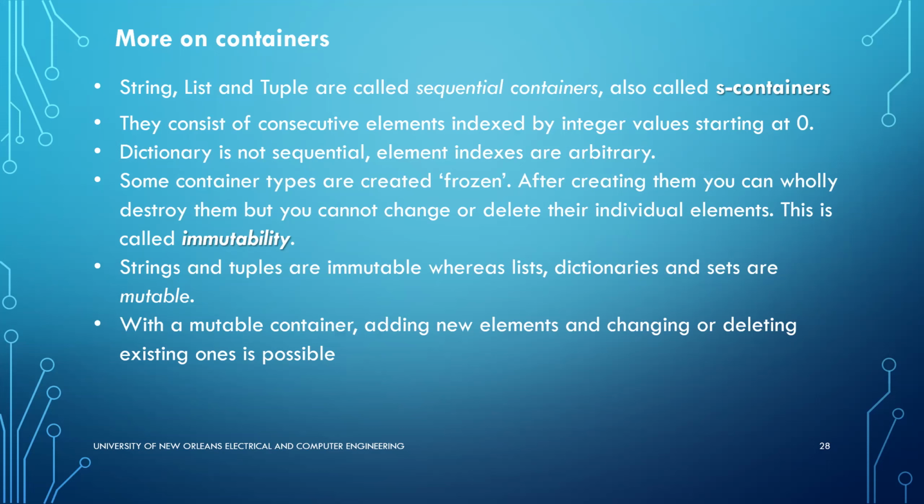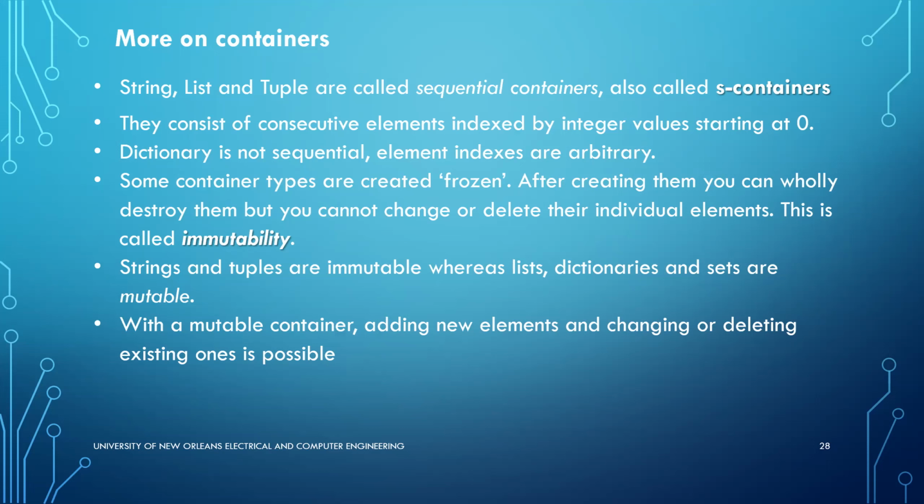And for obvious reasons, they're called sequential containers because the sequence of elements that each one has is important in manipulating the data. So we call the string, the list, and the tuple the S-type containers. In most cases, you'll see in one of the books and in this lecture, we'll be referring to S containers for this group. They consist of consecutive elements indexed by integer values, and as you remember, we always start at 0.